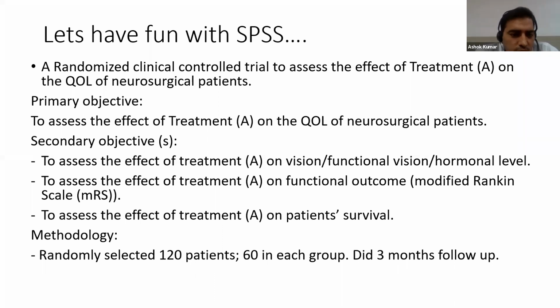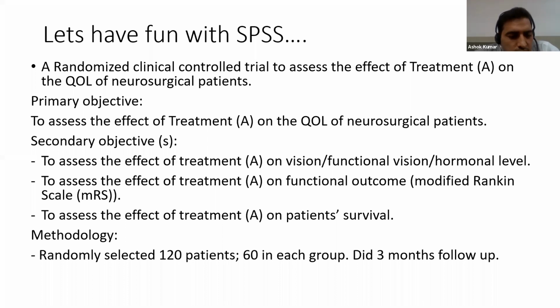Secondary objectives are to assess the effect of treatment A on vision or functional vision or hormonal level among neurosurgical patients, on functional outcome, that is the modified Rankin scale, MRS, and on patients' survival.